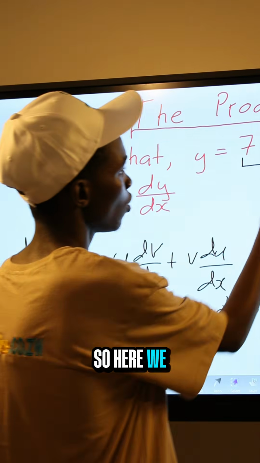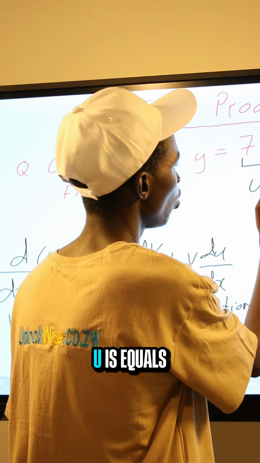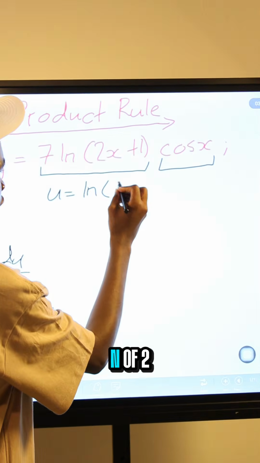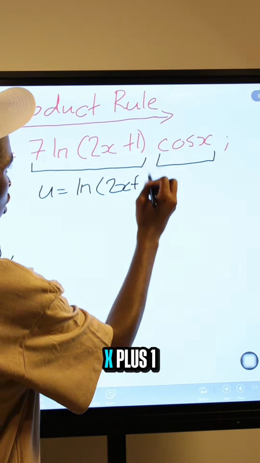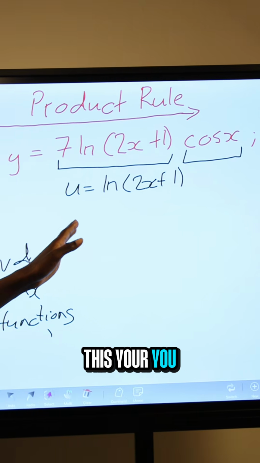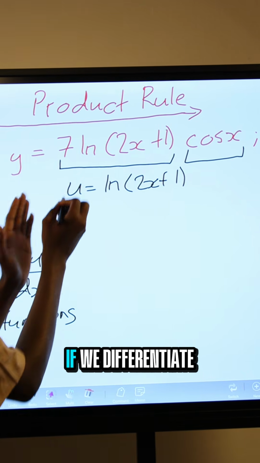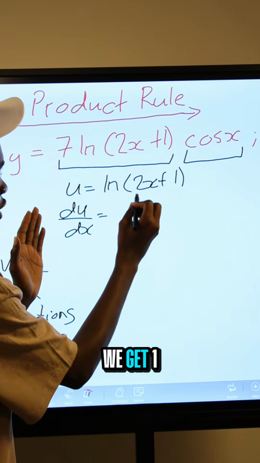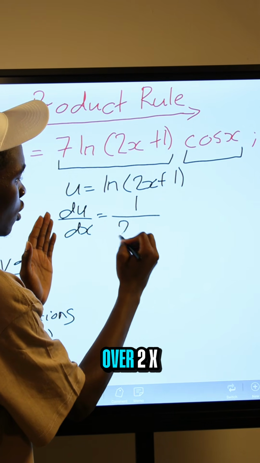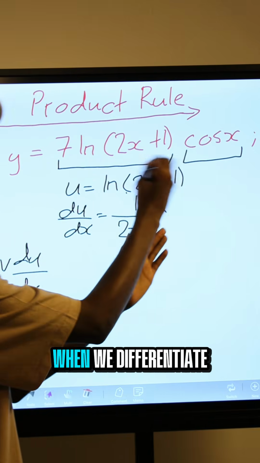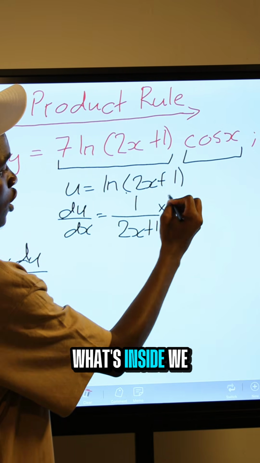So here we can assume that u is equal to ln of 2x plus 1. If you name this your u, differentiate it. If we differentiate, du over dx, we get 1 over 2x plus 1 multiplied by, when we differentiate what's inside, we get 2.